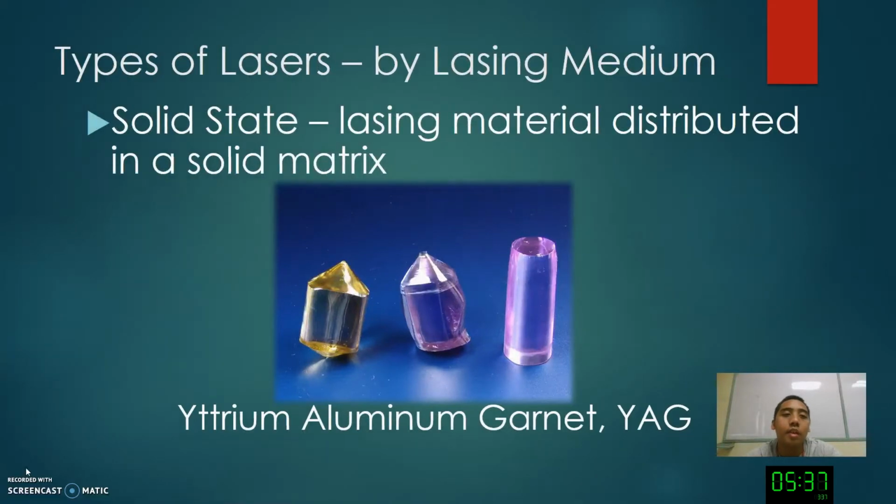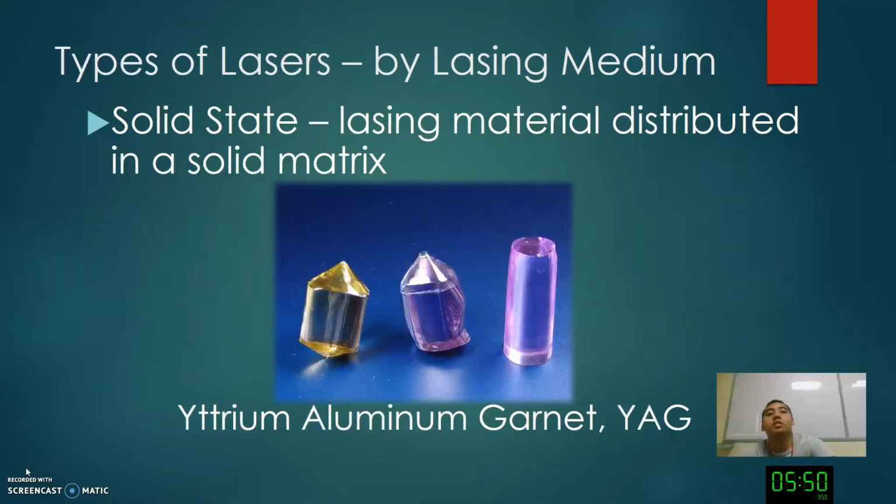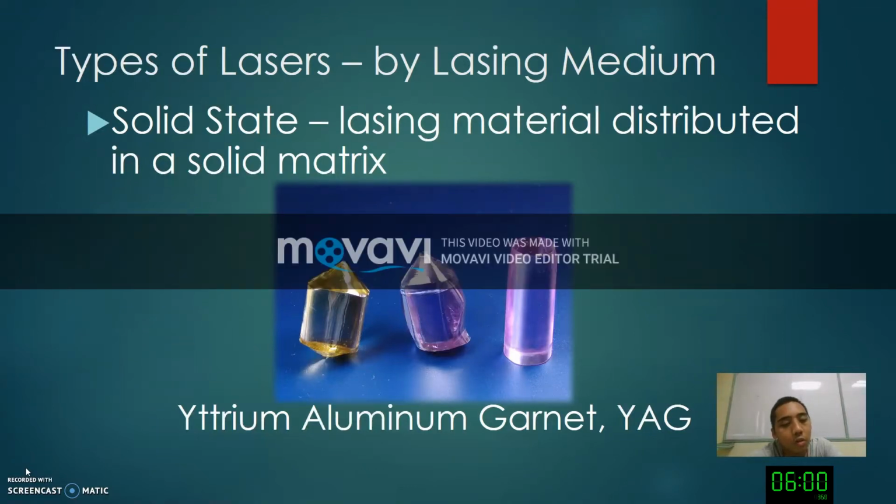Next, we can classify the types of lasers through the type of medium used inside the laser. The first type of laser I'd like to discuss is a solid state laser. This kind of laser makes use of a lasing material distributed in a solid matrix. An example of which is the yttrium aluminum garnet, also known as YAG.